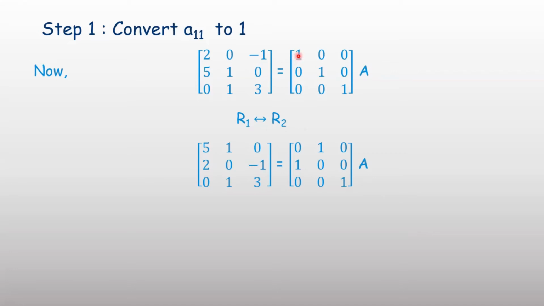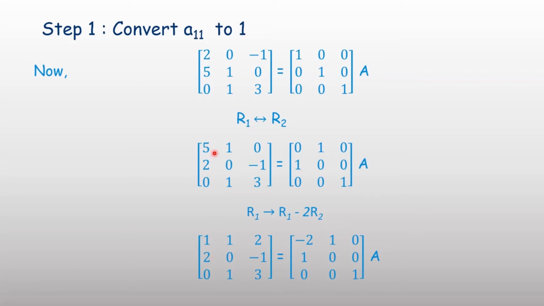Similarly here, the first row written as the second row and the second row as the first row, and then R1 replaced by R1 minus 2 R2. 5 minus 2 into 2 means 5 minus 4. Easily you will get 1.